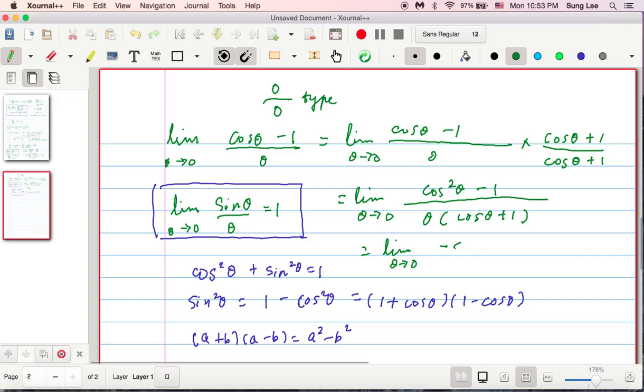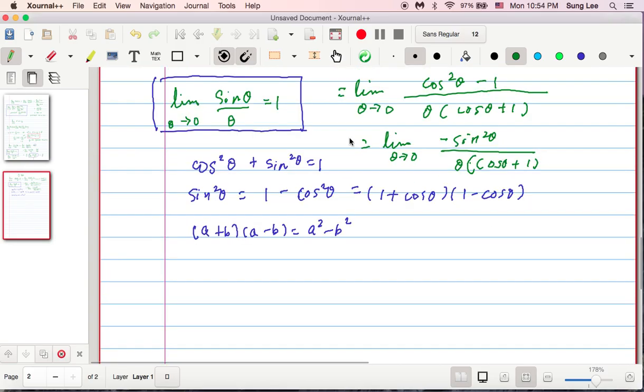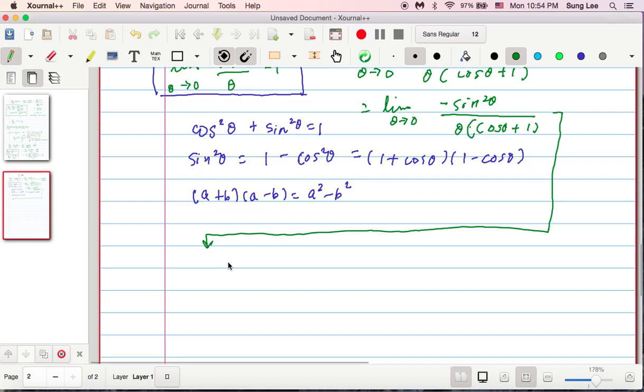So negative sine squared theta over theta times cosine theta plus 1.